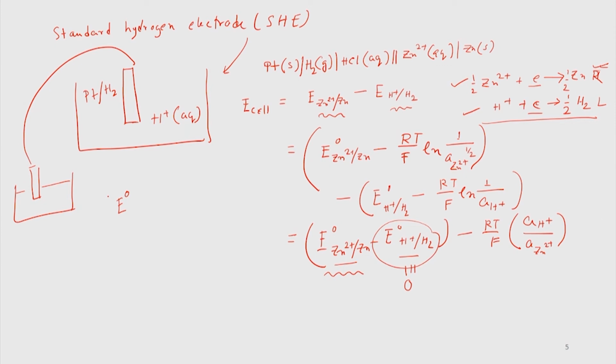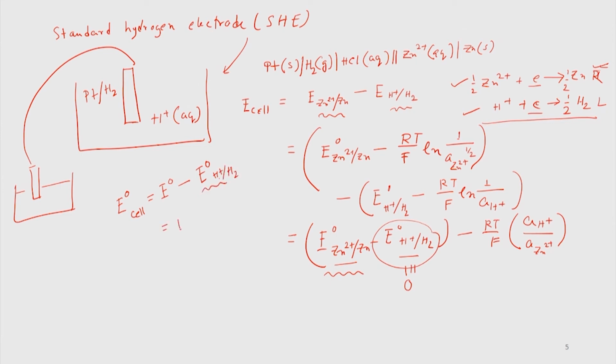The E0 of the cell is nothing but the E0 of that particular redox couple, or that half reaction, minus the E0 of this couple, which is H plus H2, but that is a relative thing.